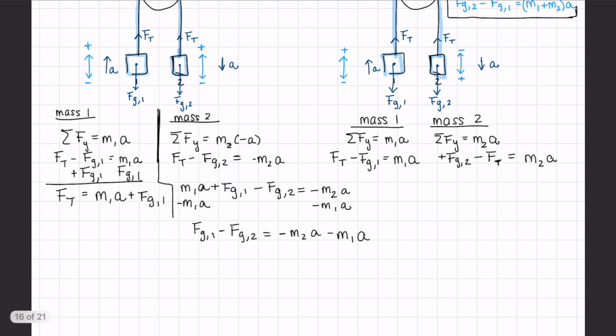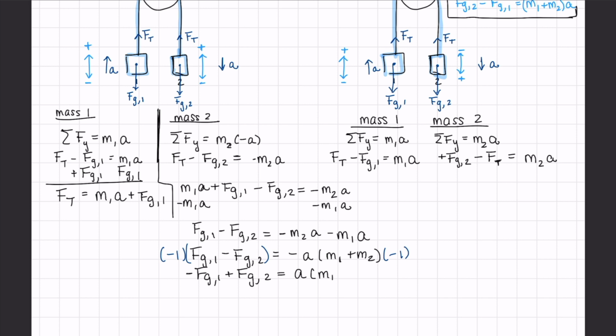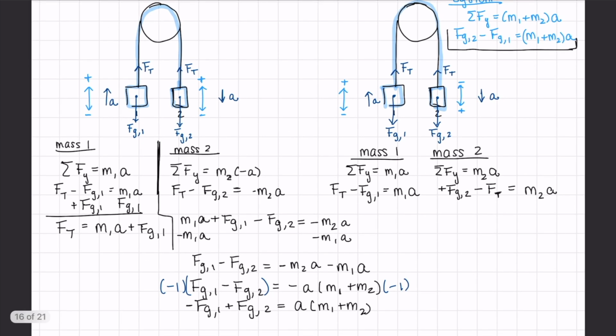And if we pull out a negative a times m1 plus m2, and then multiply each side by a negative sign, that negative sign is going to distribute, giving us negative Fg1 plus Fg2 equals a times m1 plus m2, which you can see hopefully is exactly the same as what we got from the system.